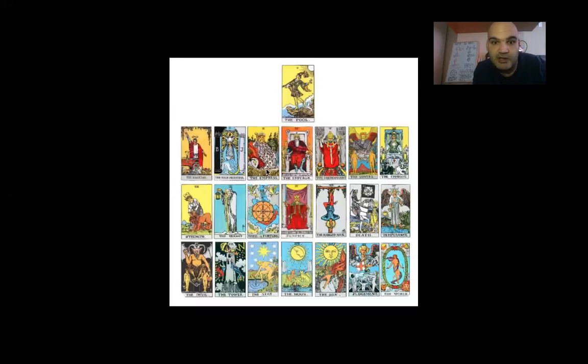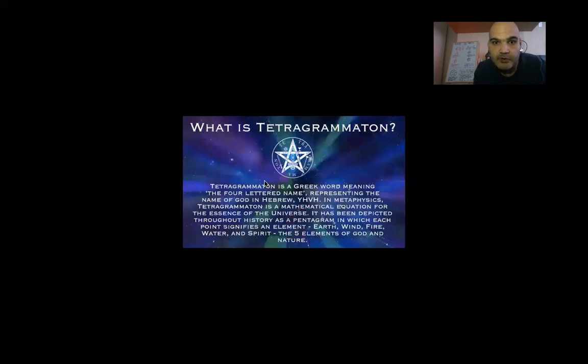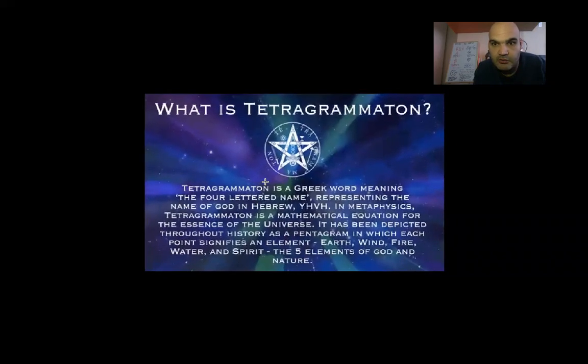Yeah, these are the 22 major arcana cards in the tarot. So let me just try and zoom this in a bit. So what is tetragrammaton? Tetragrammaton is a Greek word meaning the 4-lettered name, representing the name of God in Hebrew, Yod-He-Vah-He. In metaphysics, the tetragrammaton is a mathematical equation for the essence of the universe.